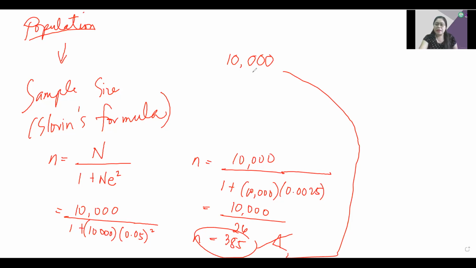In non-probability sampling, we are not really giving equal chances to all the members of the population to be included in the study. So just like when you do quota sampling, it doesn't matter how you got or selected your respondents, as long as you hit the target, then that's it.